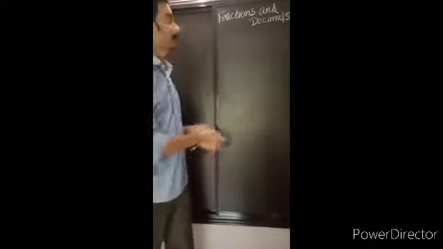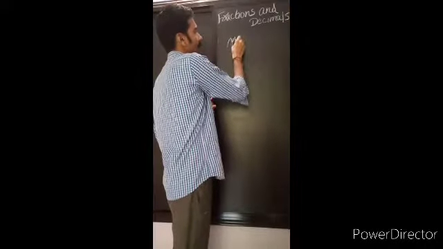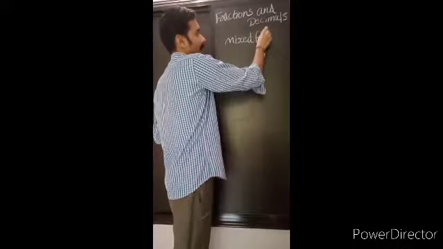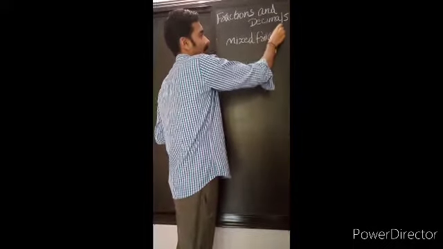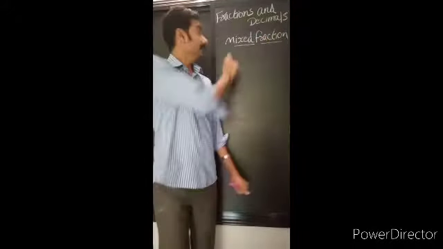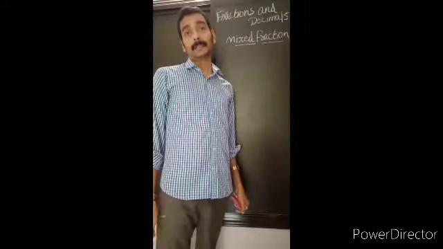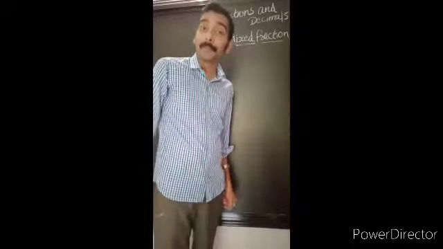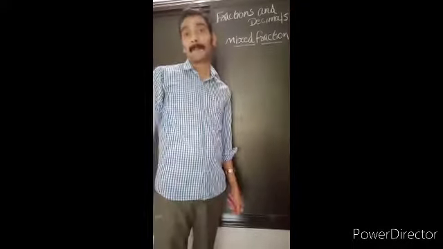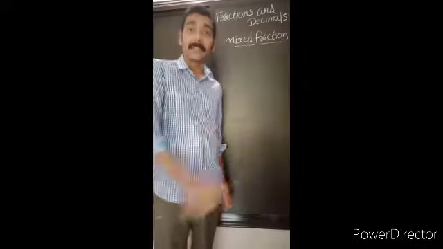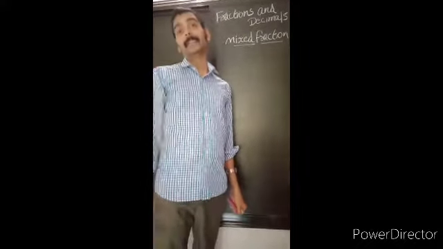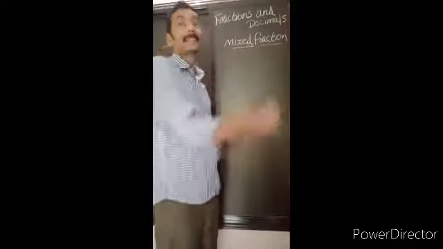Then another one is mixed fraction. In the case of mixed fraction, we know improper fractions, we write so many examples. Then an improper fraction can be divided, and we get a mixed fraction.